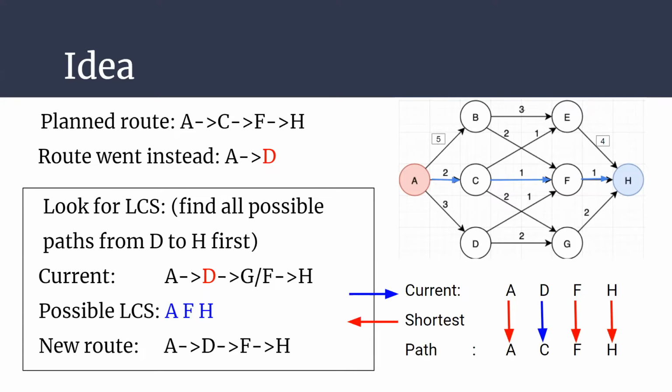We are currently at D. There are two choices: D to G and D to F. In order to get the longest possible subsequence, our new route becomes A to D, D to F, and F to H. On the bottom right, you can see our current and the shortest path. The red one is our possible longest common subsequence. Next, please.